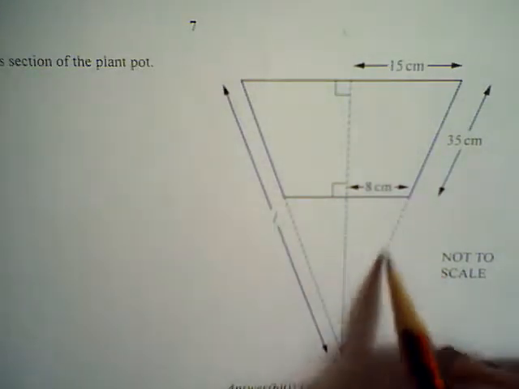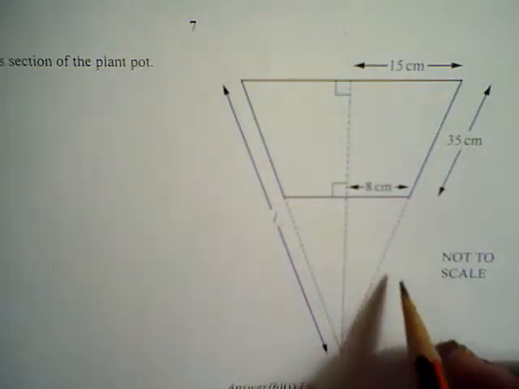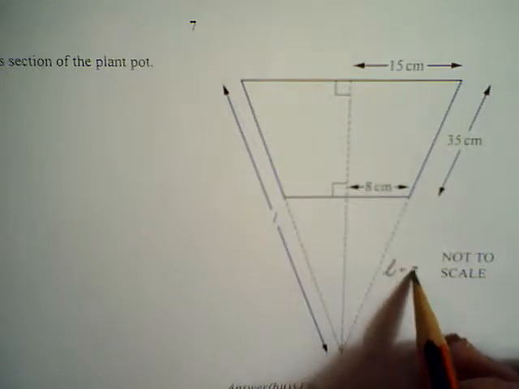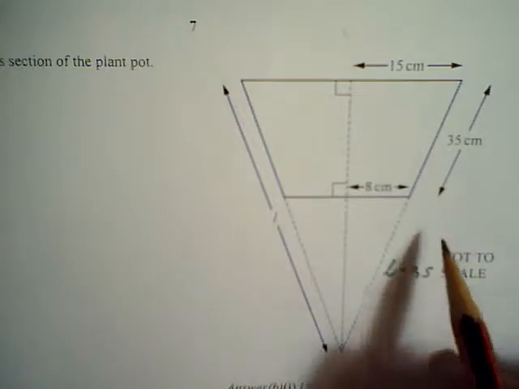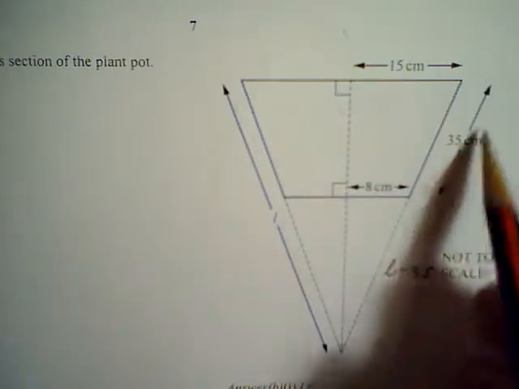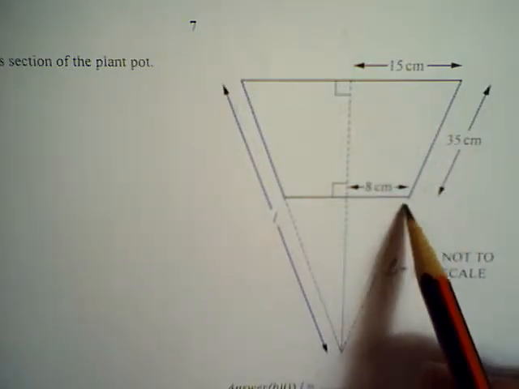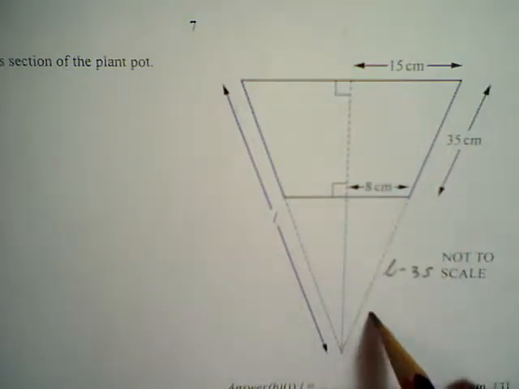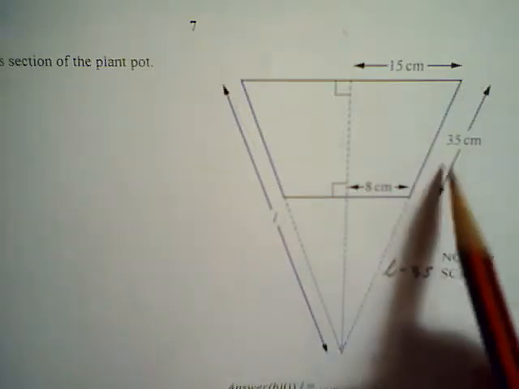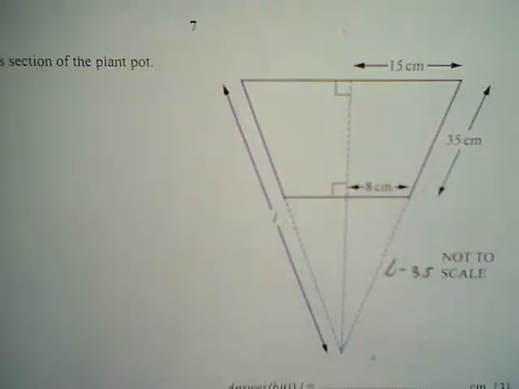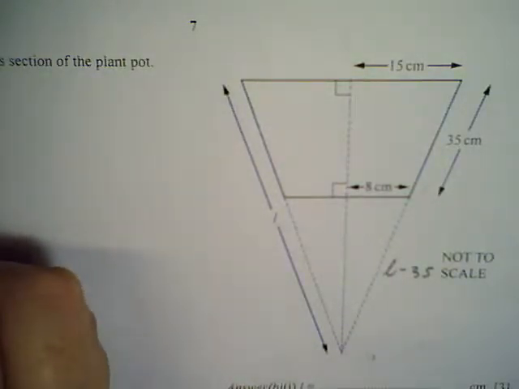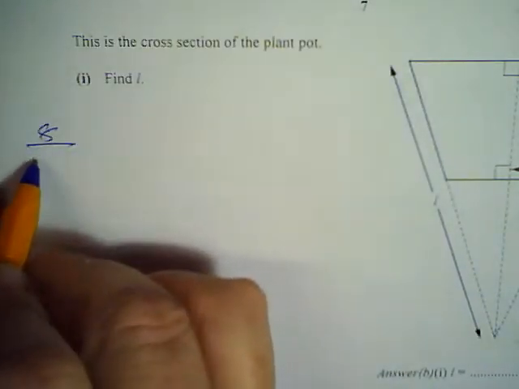So this part that I've cut off would be L minus 35, because if that part is 35 that's left over, this dotted part must be L minus this part that's left, 35. Okay, so we will have a ratio question. It is 8 over 15.